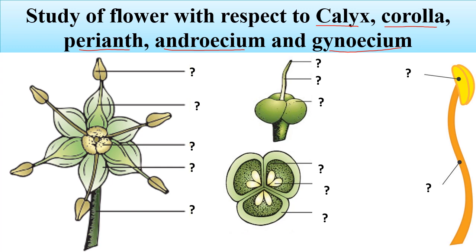So you need to focus on these labels: what is the name of this part, what this part is, what this label is. All question marks I have kept there, and we are trying to address all these question marks in the form of answers so that we can begin with the actual presentation.